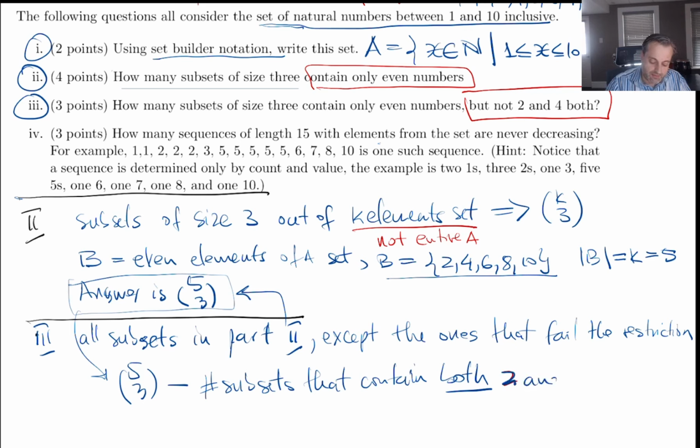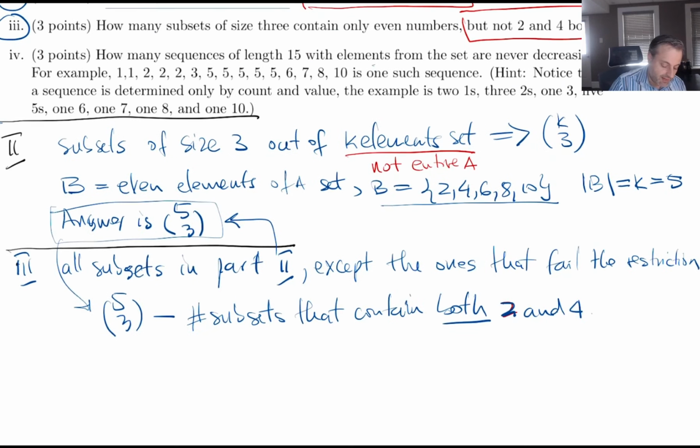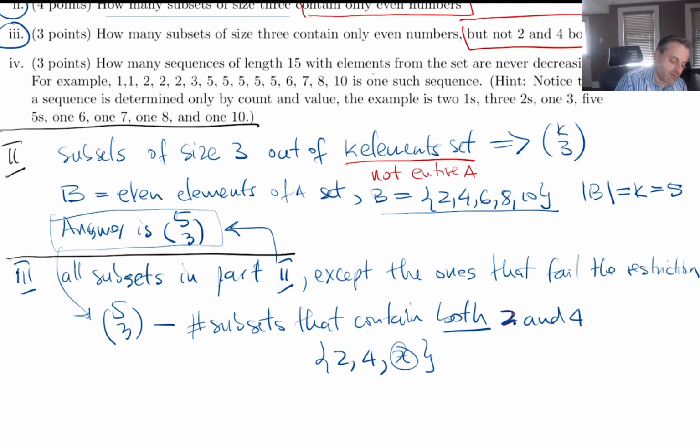So now we're looking at what those subsets look like. Well, they have to have 2 and 4, and they have to have some other x, right? Because the size is 3. We're only looking at size 3 subsets here. So this x could be the additional element.